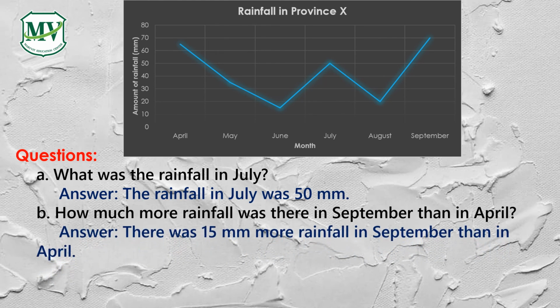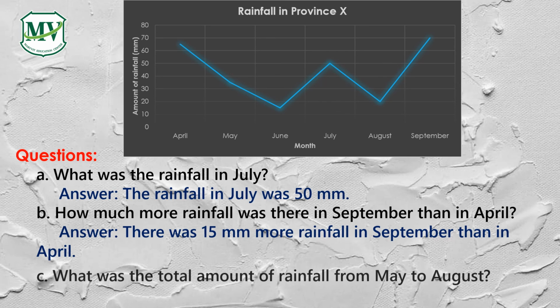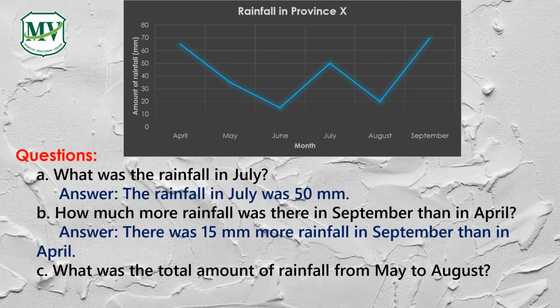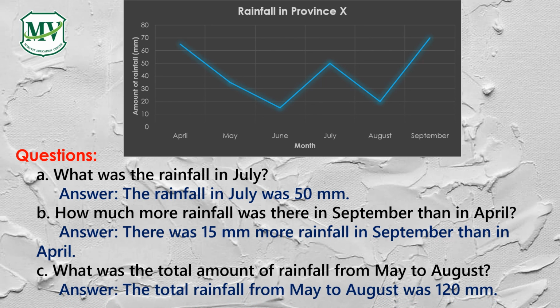The answer is 15 millimeters more rainfall in September than in April. Letter C. What was the total amount of rainfall from May to August? The answer is 120 millimeters. That was awesome!